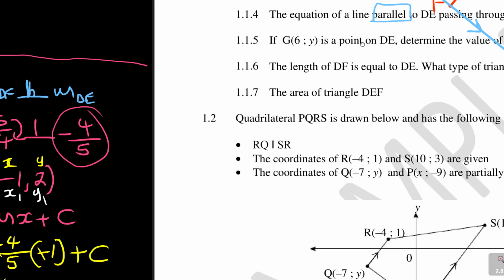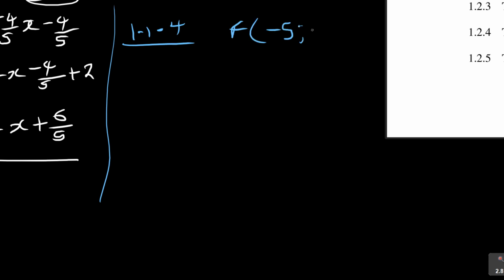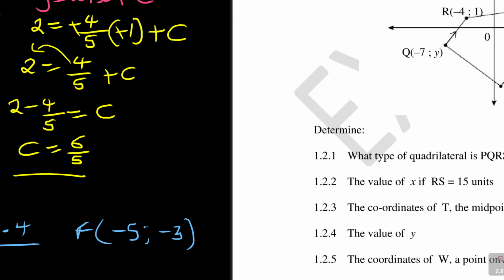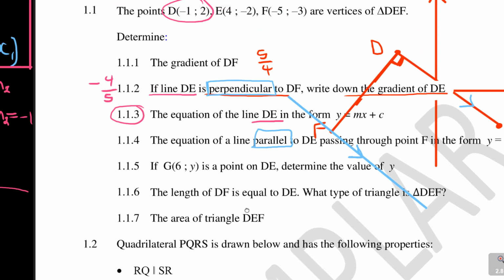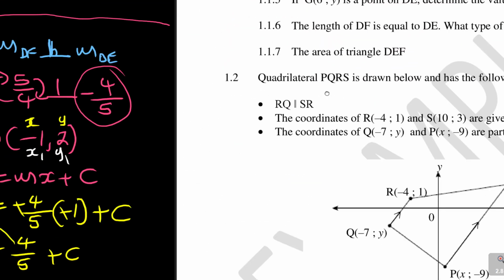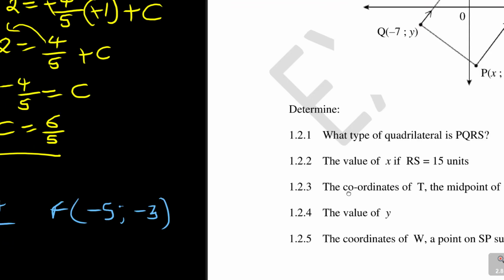So remember we're doing question 1.1.4. So let me write this 1.1.4. So F is minus 5 minus 3. Am I right? Let me just check again and confirm my F. It is minus 5 minus 3, which is correct. But guess what? They said it is parallel to DE.